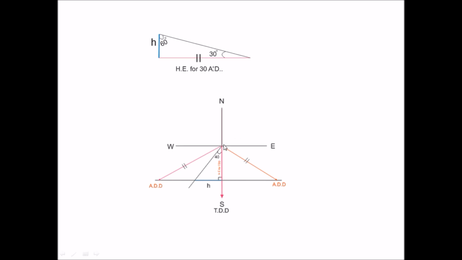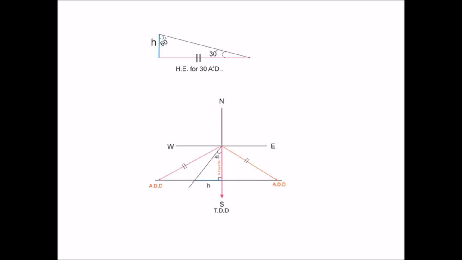We know that this is the horizontal equivalent for apparent dip direction 1, and this is the apparent dip direction 2, and by doing this we can now measure this angle, and it will give the direction of apparent dips, say 60-65 degrees west of south and 60-65 degrees east of south.